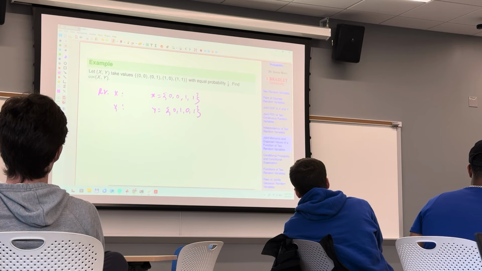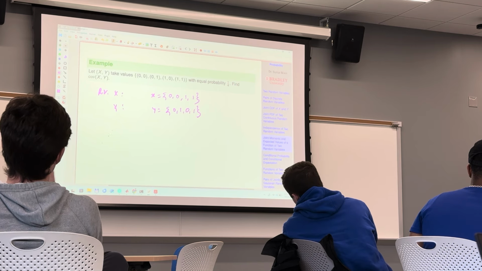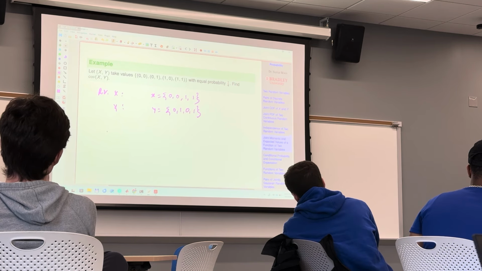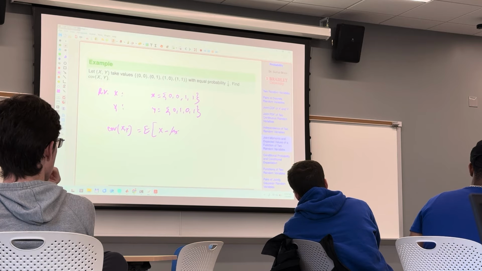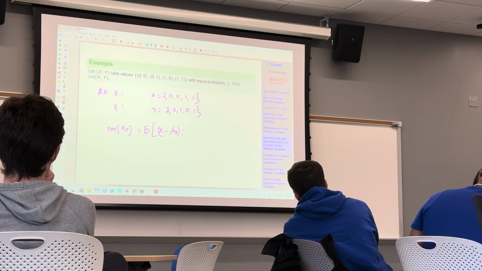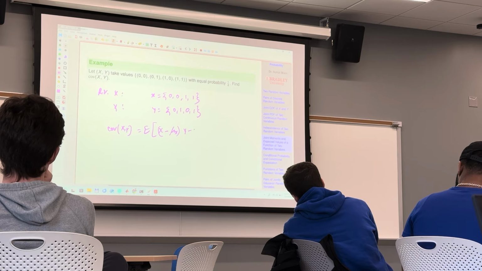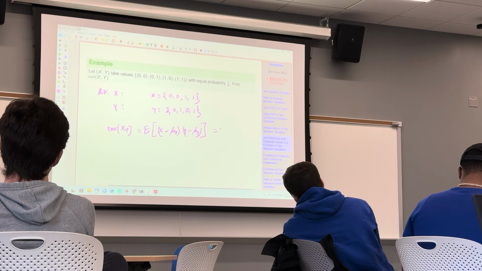We have that. Now, look how I make use of that expectation, because you have discrete values. So the covariance of x comma y, what is the formula, guys? Expectation of x minus mu sub x, and then y minus mu sub y equals what?